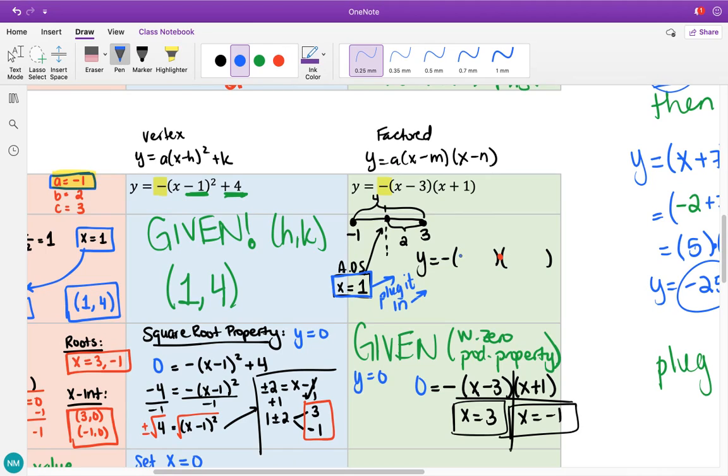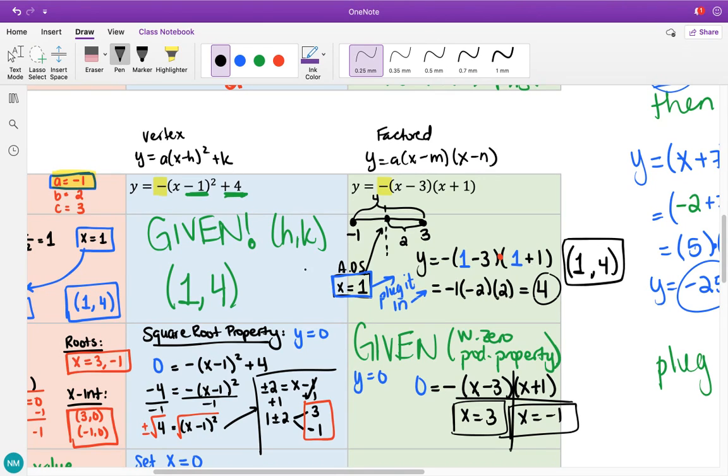So it is 1 minus 3, and then 1 plus 1. So I have negative, 1 minus 3 is -2, and then 1 plus 1 is +2. So it's -1 times -2 times 2, which is a +4. So my final answer is going to be x equals 1 and y equals 4, which is the same answer we've gotten across the board.